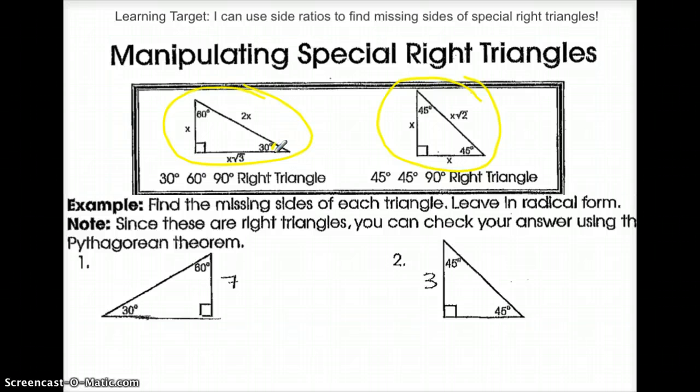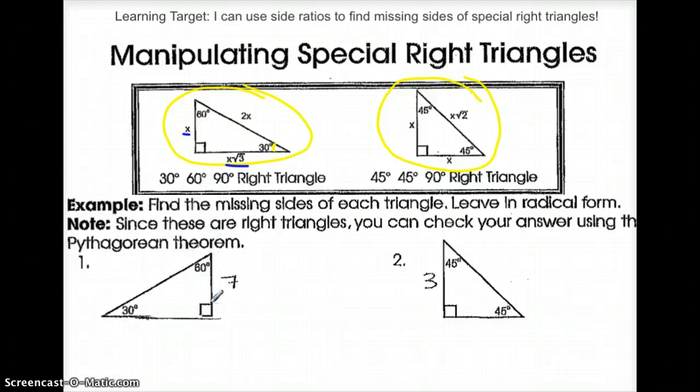The side opposite the 30-degree angle is your plain old x side. That's the short leg of the 30-60-90. The longer leg will be equivalent to x radical 3, and then the hypotenuse will be just double whatever the x value is.